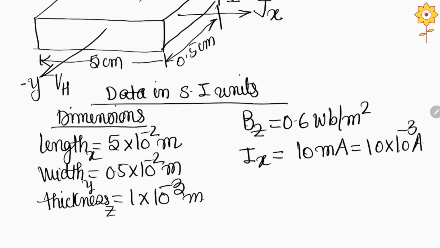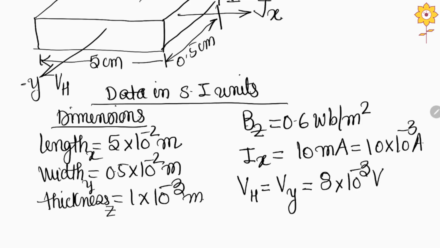And at the same time, what you have been given is the value of the Hall voltage. Normally we write it as VH, that is going to be equal to Vy. As I told you, it will be in the y direction. And this is going to be 8 into 10 raised to minus 3 volts.